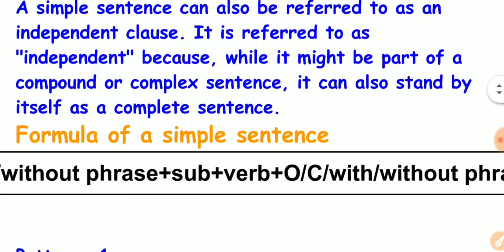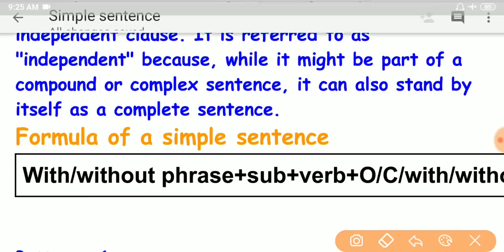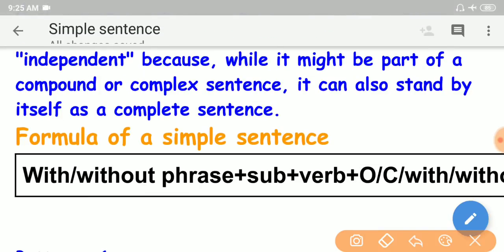See, my dear friends, here is a formula of a simple sentence. What is that formula? So there must be with or without phrase. I mean, before the subject, there might be a phrase, or there might not be a phrase. With or without phrase.